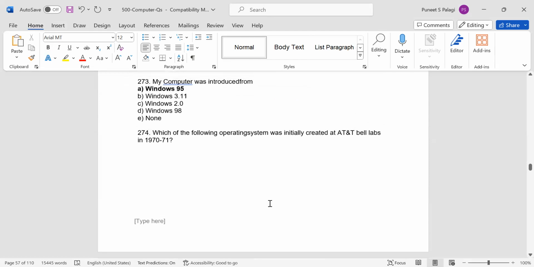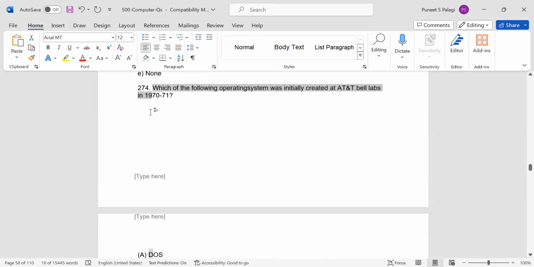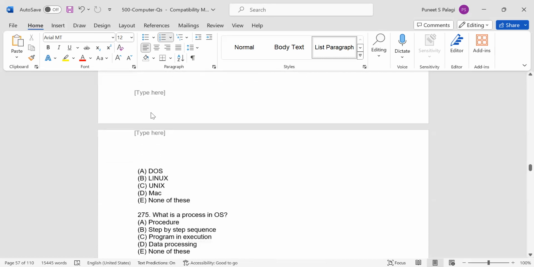Which of the following operating systems was initially created at AT&T Bell Labs? Read the options.